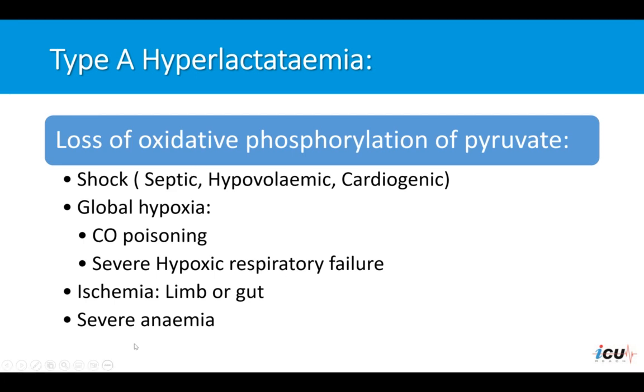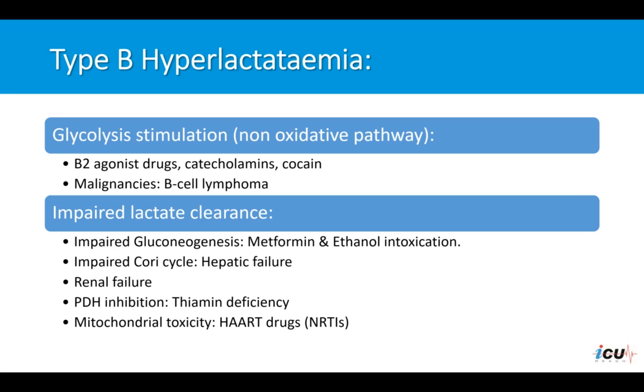Also, severe anemia is a global condition, and it can cause an increase in lactic acidosis. Now you have regional conditions where you have ischemia involving large organs such as a limb or the gut with bowel ischemia. You can have an elevation of the lactic acid because of hypoperfusion to that individual organ.